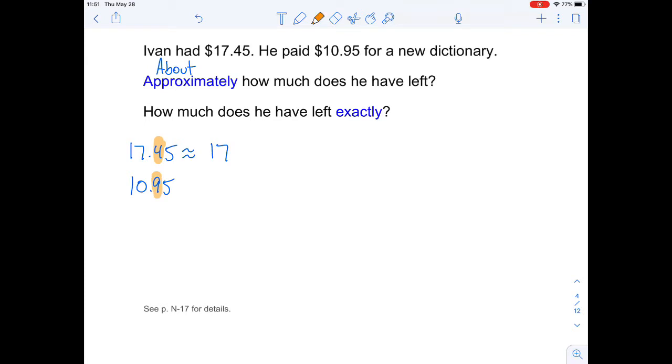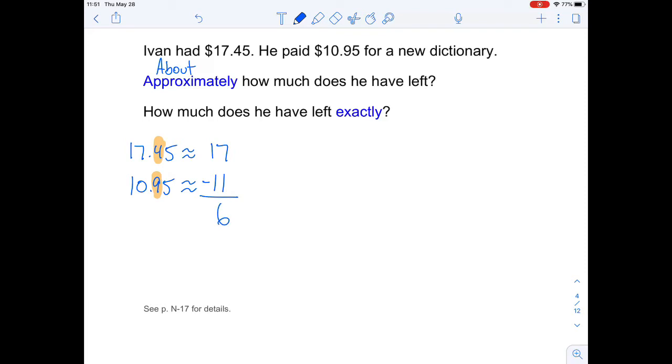We have 5 or more, so we're going to raise the score, and that's approximately $11. He had this amount here. He paid this amount, so I am going to do a subtraction because he took about $11 away from his total amount, and so we have about $6 left.